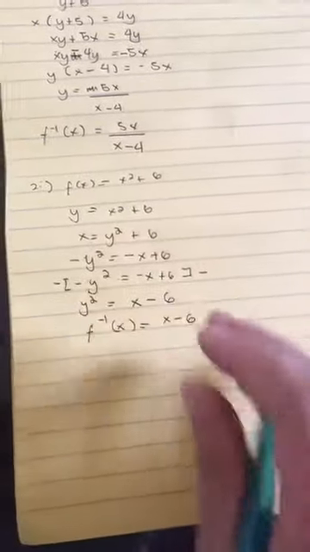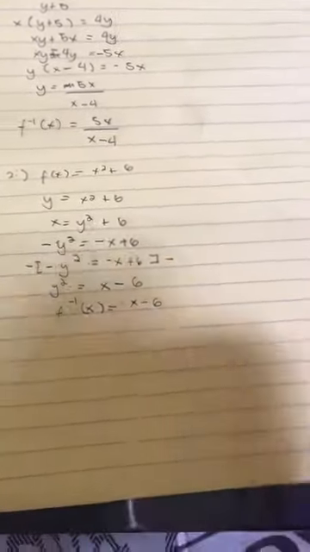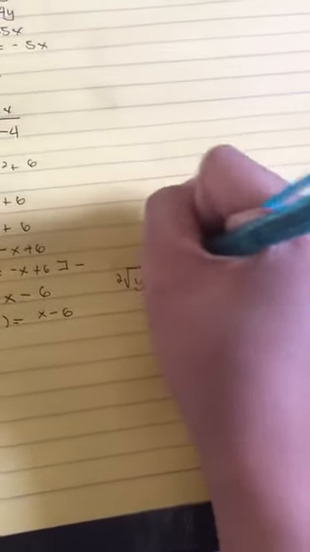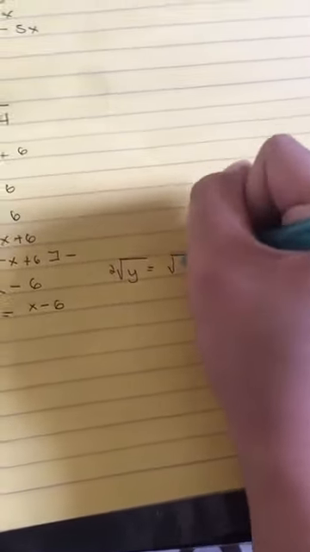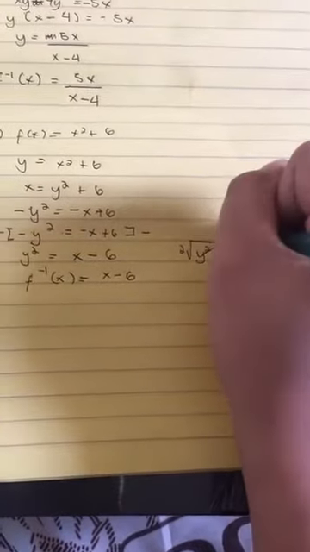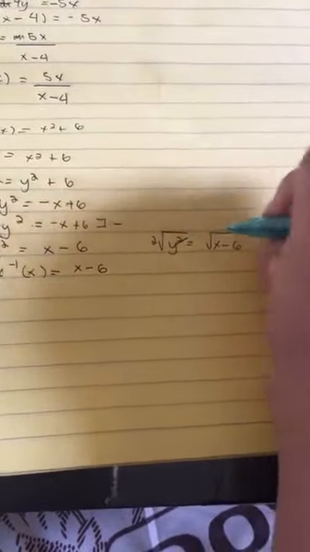If you're wondering where is the y squared, this is what we have done. We put this into a radical. Then what I have done is cancel the squared because we take the square root.